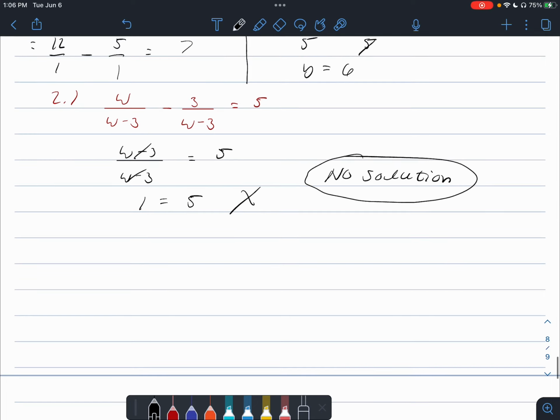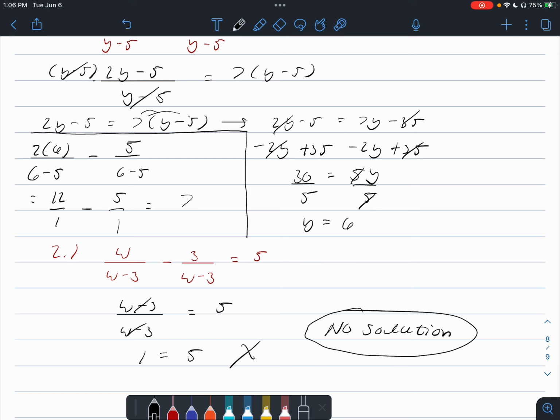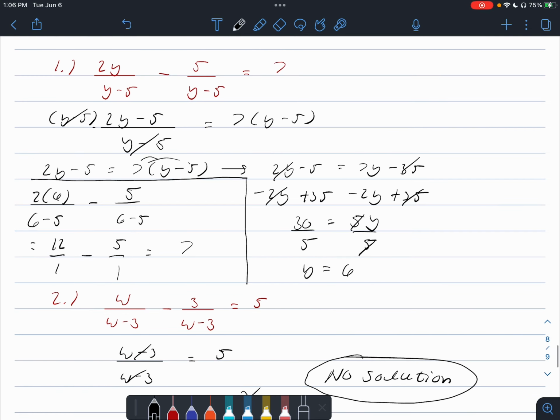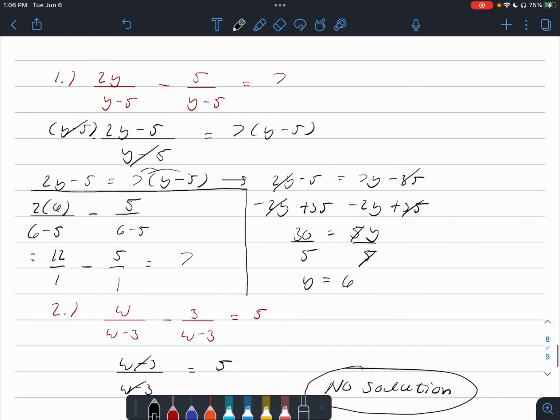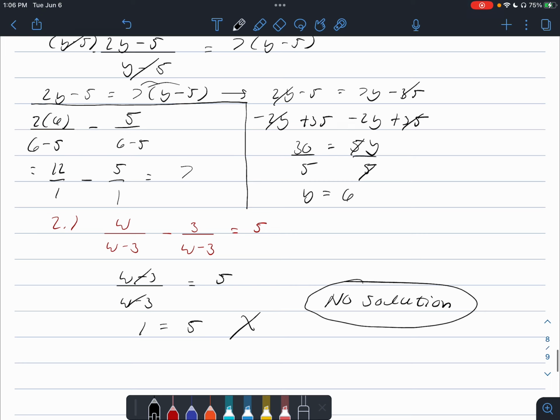One other thing that I want to talk about here, this is very important when dealing with rational equations. One of the things we have to check for are something called excluded solutions.